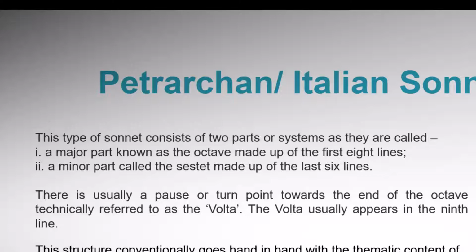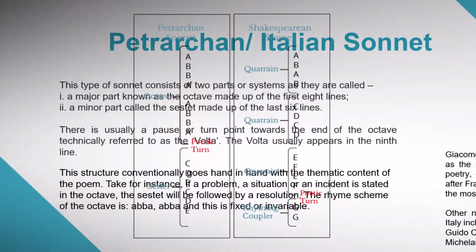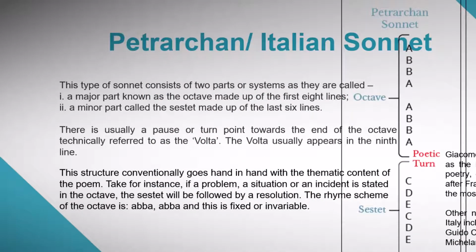Something special about the Petrarchan or Italian sonnet is that there is usually a pause or turning point towards the end of the octave, and this pause or turning point is technically referred to as the volta.